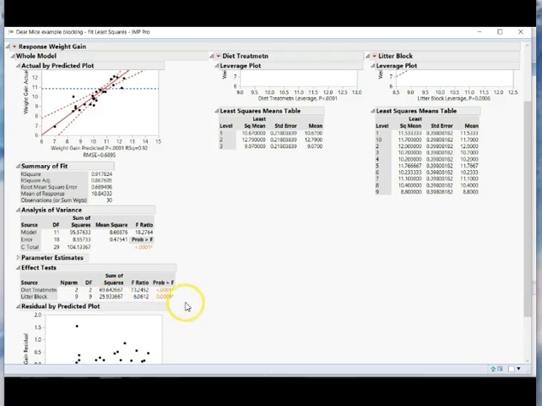So for example, we can see here that both the diet and the litter were significant. The sum of squares for that diet treatment was so much higher, 69, almost 70 sum of squares out of 104. So that's all over 70% of the total variability in weight gain is accounted for just by this diet treatment block. Okay, and then the litter block tosses in roughly another 25%.